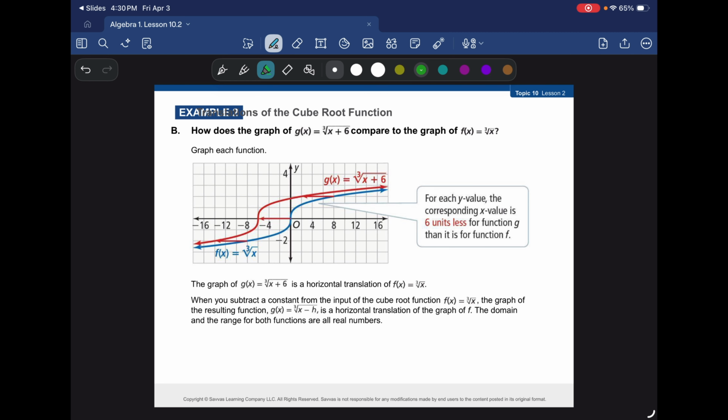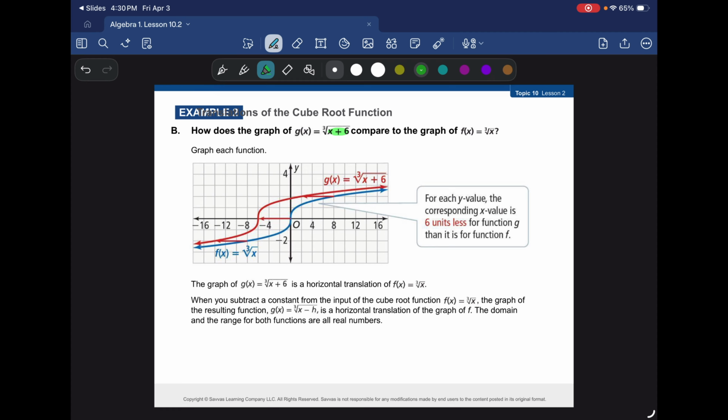Now we have a change to our function rule happening inside the parentheses, or the change happening to the input. So this is going to be our horizontal translation because I'm shifting the graph along the x-axis. I'm shifting it along the input values.